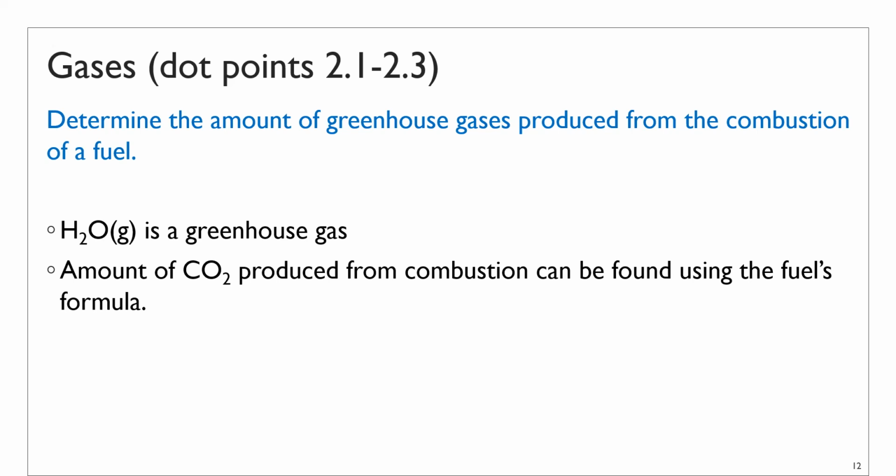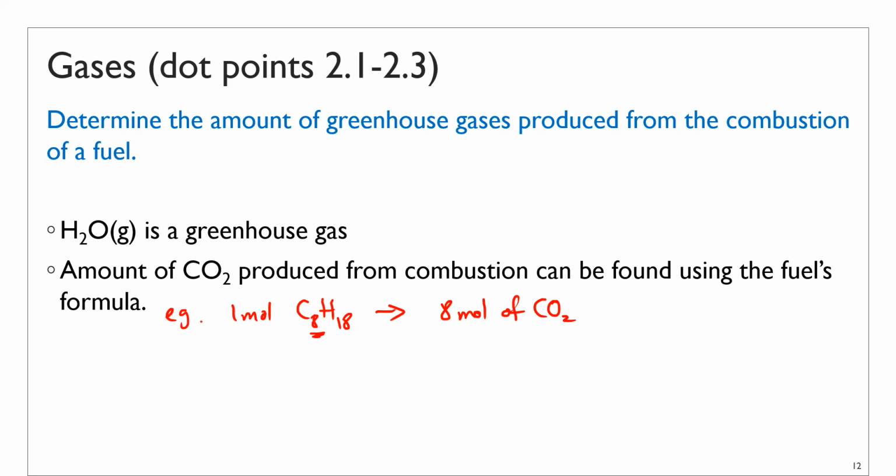So for example, if I have octane, which is petroleum, so if I burn 1 mole of octane, which is C8H18, because there are 8 carbon in the formula of the fuel, it means that it's going to release 8 mole of CO2 from its complete combustion. With incomplete combustion, you would need to write an equation because it really depends on how much oxygen is available, but they tend to just ask for complete combustion.